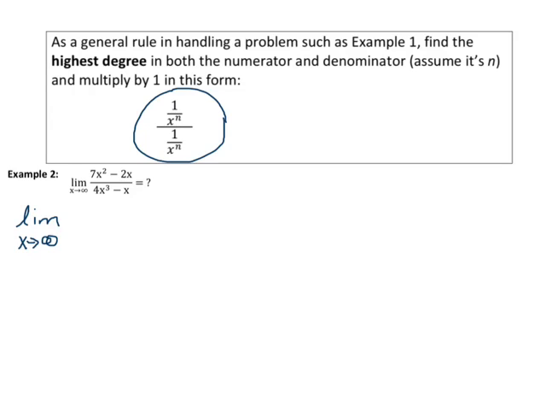The limit as x goes to infinity, 7x squared minus 2x on top, 4x cubed minus x, and I multiply by 1 over x cubed and 1 over x cubed. That will greatly simplify the process.